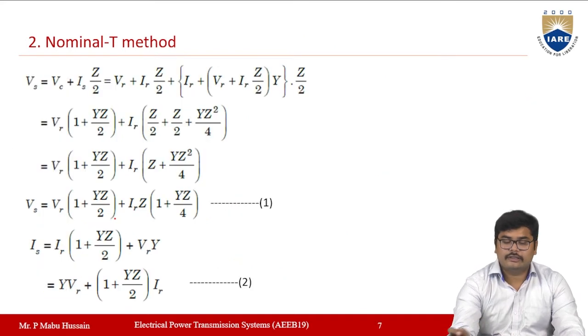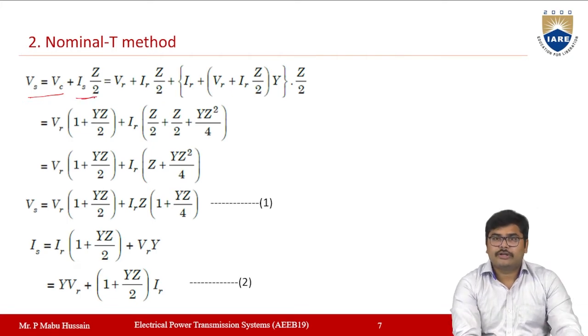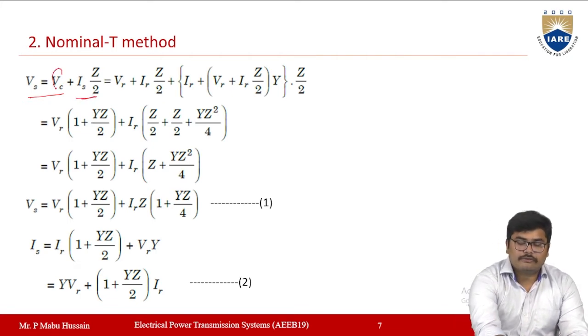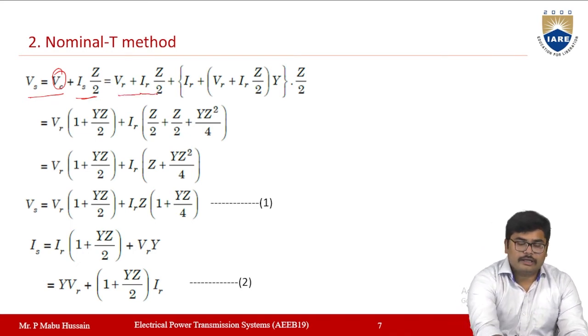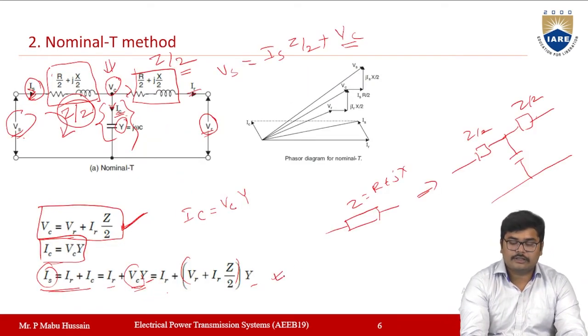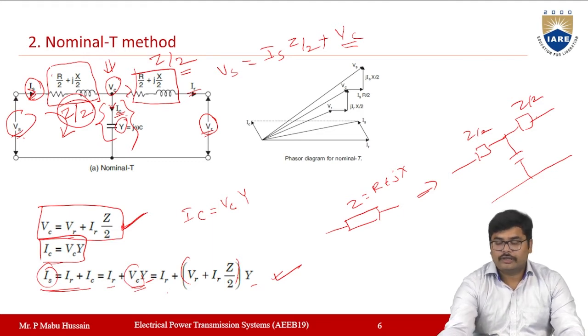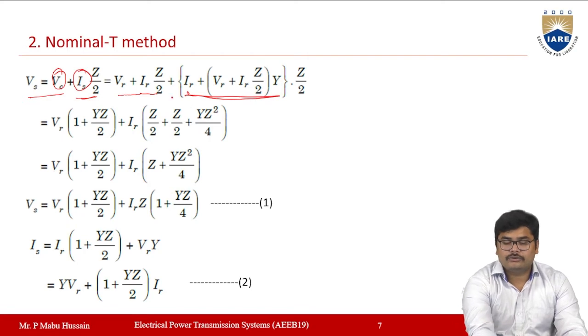So Vs is equal to Vc plus Is into Z by 2, and the value of Is is also known from this equation. Is is equal to IR plus VR plus IR into Z by 2 into Y. So we are writing the same here, into this Z by 2.